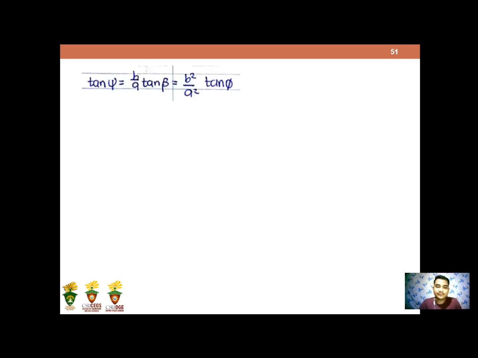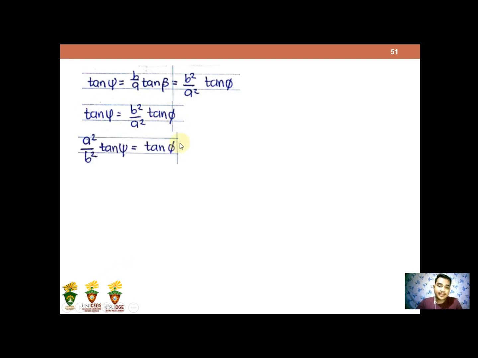To solve that, since the given are b and a, we go back to this equation. The angles involved are geocentric and geodetic latitude. So we take tangent geocentric latitude equals b squared over a squared tangent geodetic latitude. Since we are looking for the geodetic latitude given the geocentric, we transpose b squared over a squared to the other side.